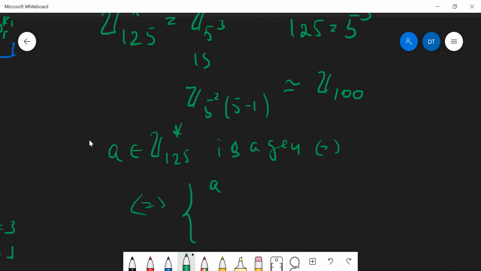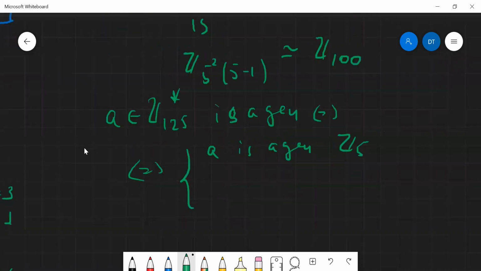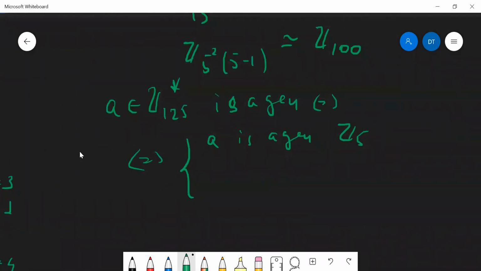A must be a generator in Z5, so modulo 5. And the second condition is that A to the 5 minus 1 must be not 1 modulo 5 square, which is 25.